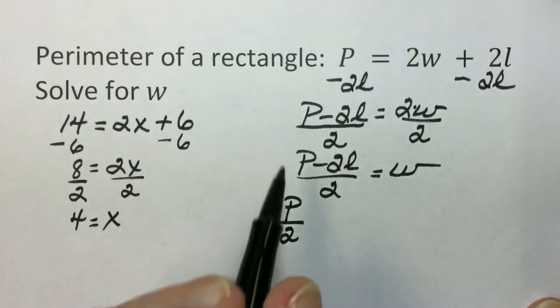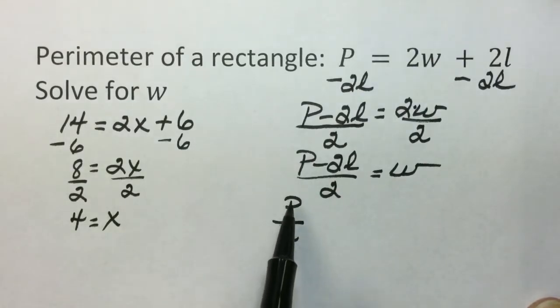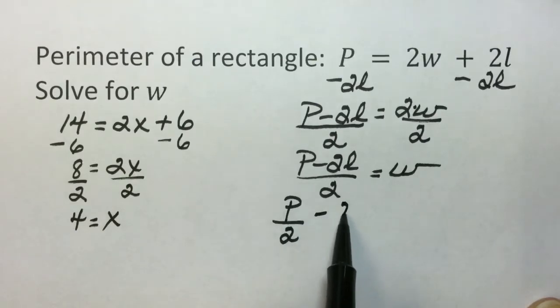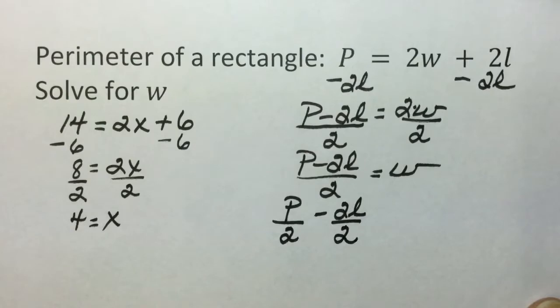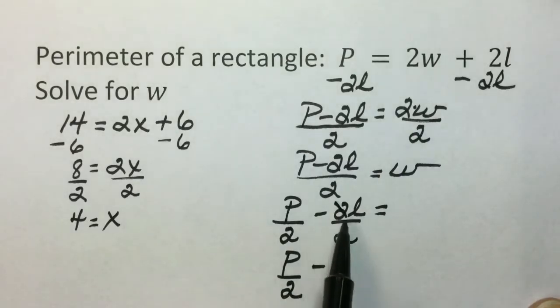So this expression is equivalent to p over 2 minus 2l over 2. Then, and only then, can we cancel out the common 2 in that second fraction. So another version of an equivalent solution for w would be p over 2 minus l is equal to w.